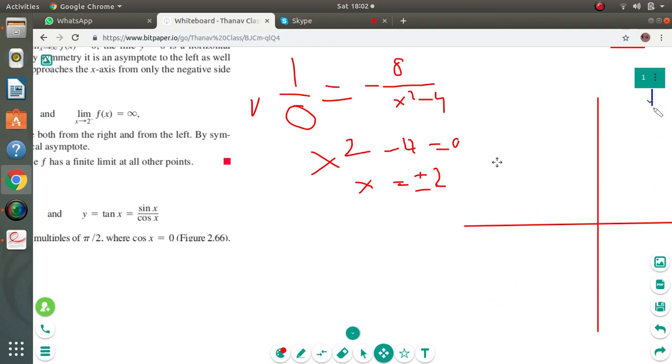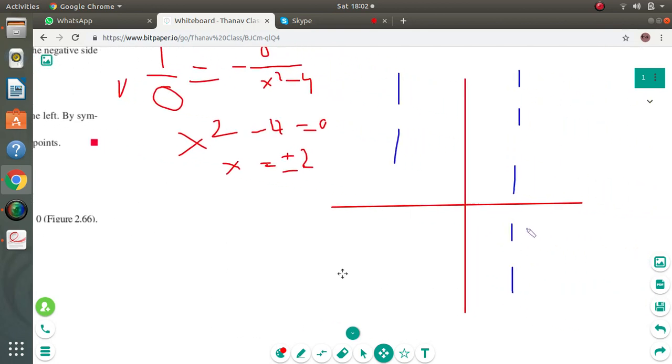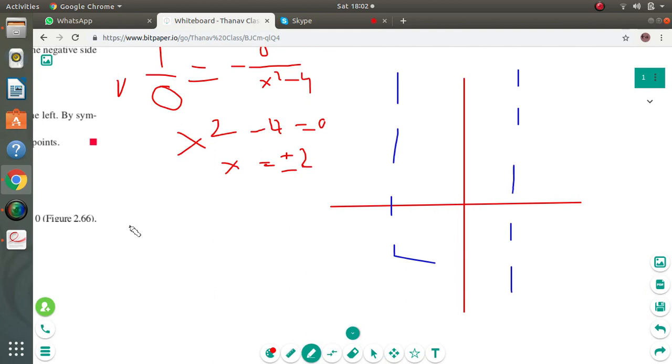This is the axis. Now we have 2 and minus 2. How you can draw it is just by substituting values, is it?